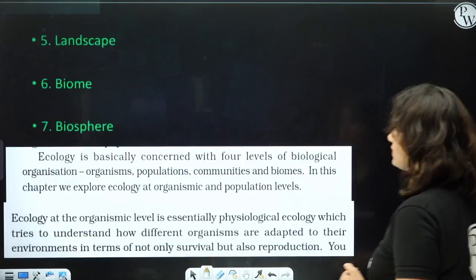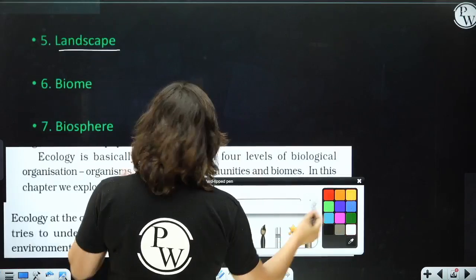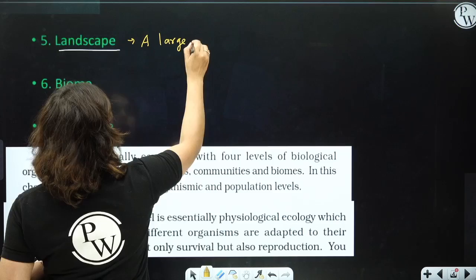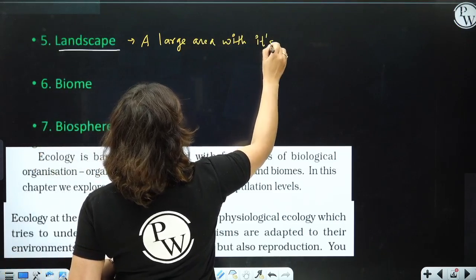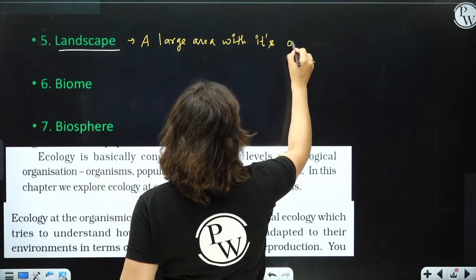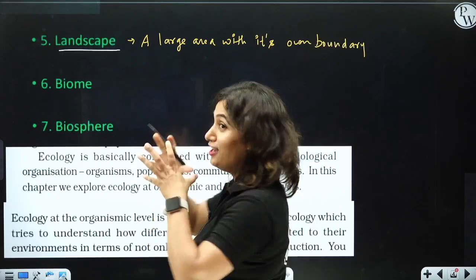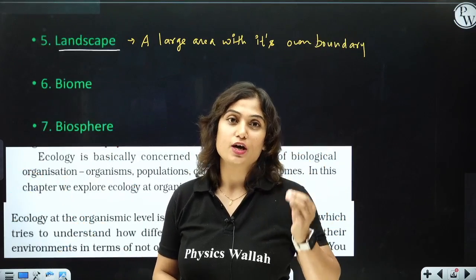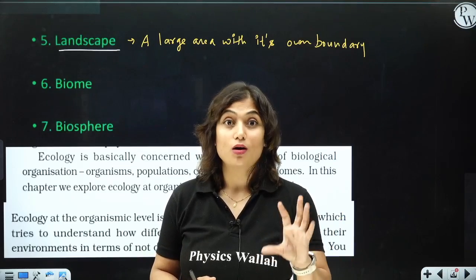Then after ecosystem comes the landscape. A landscape is a large area with its own boundary, which is formed by various types of ecosystems. And then comes the biome. A biome is a larger unit, and every biome represents a specific vegetation type, like a tropical rainforest or grasslands.